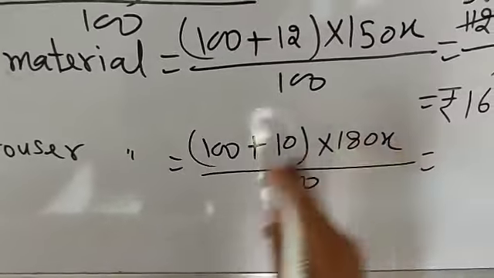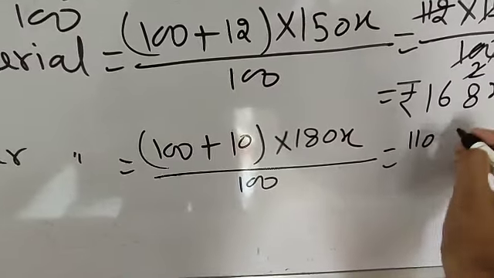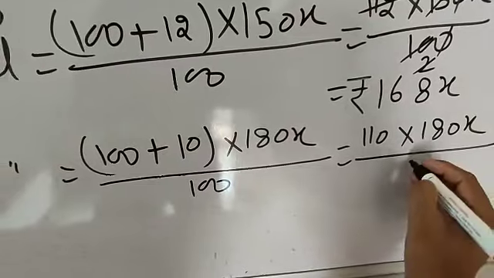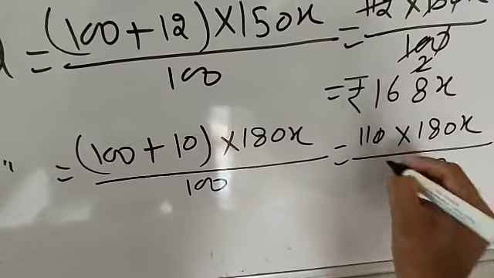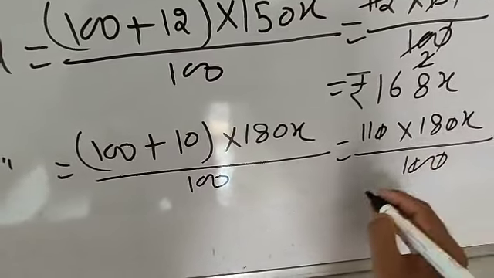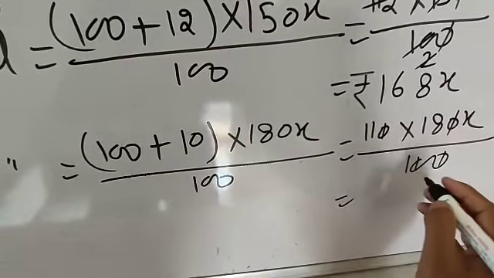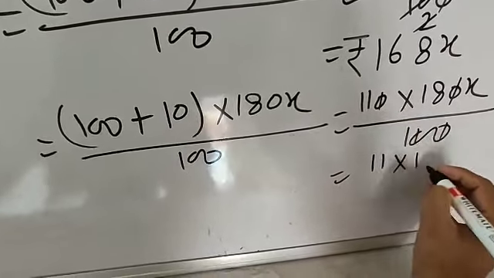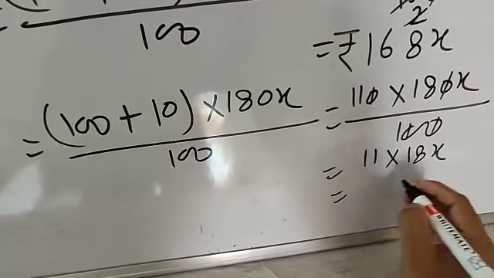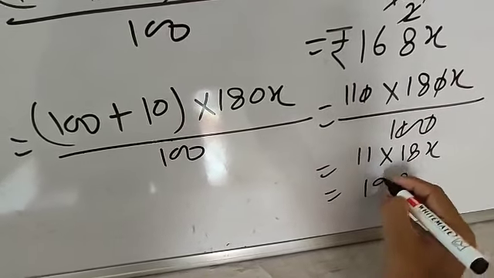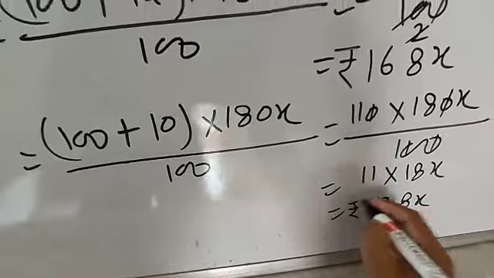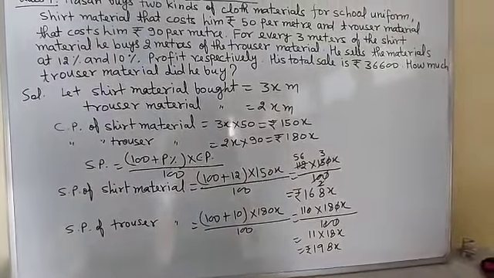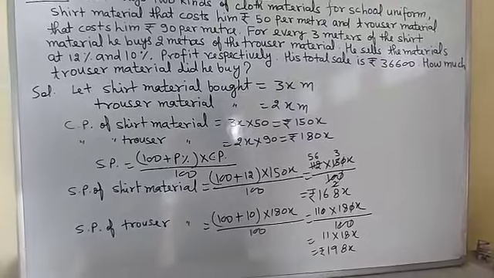That is 110 into 180x upon 100. The 0 and 0 and this 0 are cancelled, so it is equal to 11 into 18x, which can be written as rupees 198x. So you got the selling price for both shirt and trouser material.